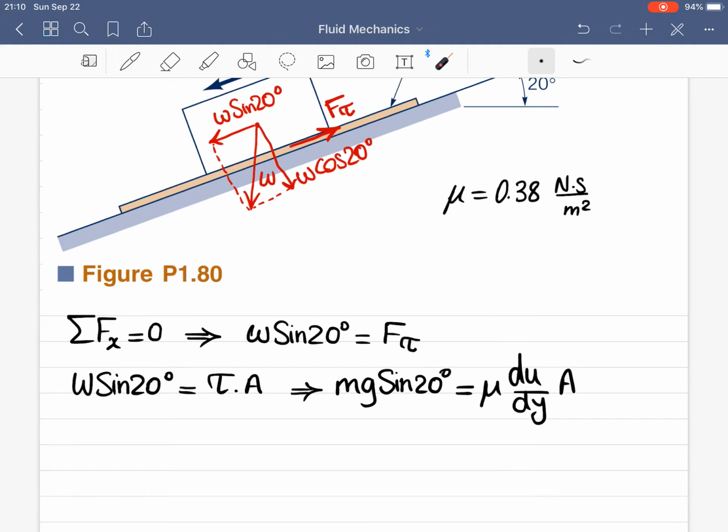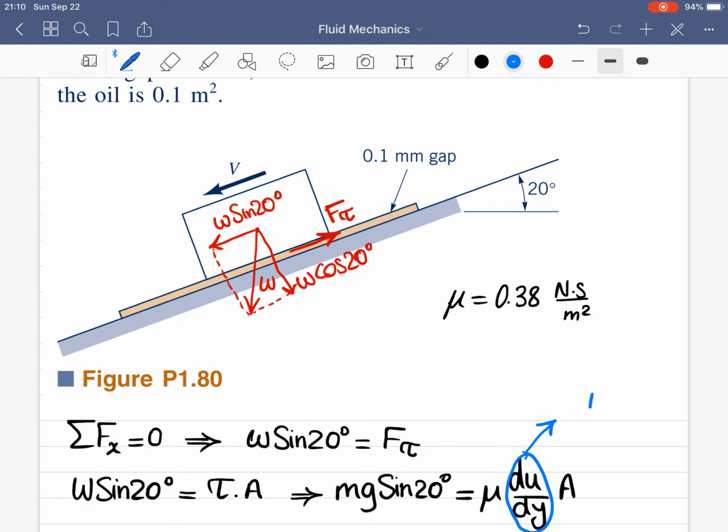And the velocity gradient, since the velocity is linear here, would be equal to v divided by h, where v is the velocity at the upper surface minus the velocity here, which is 0, divided by this distance, which is h.